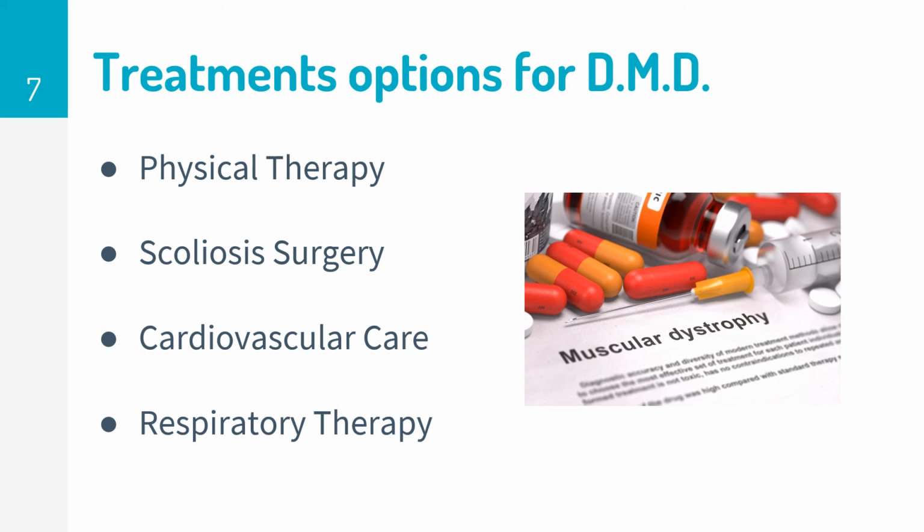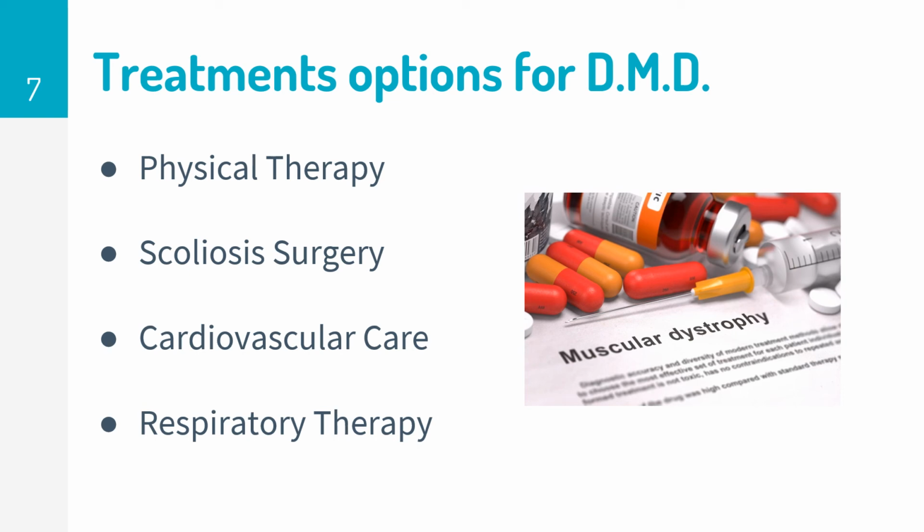The next is scoliosis surgery. This comes into consideration when individuals that do have DMD have profound scoliosis of the spine. So that's that deviation of the spine. This procedure includes the fusion of vertebrae and the insertion of a steel rod to promote more of an upright posture.